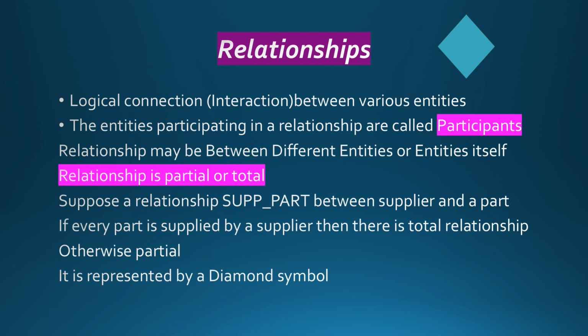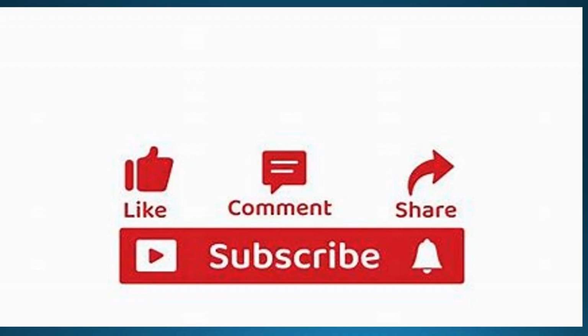So I call it a partial relationship between teacher and students. If all students are actively participating in this relationship, then it is a total relationship. A relationship is represented by a diamond symbol in the entity relationship model.